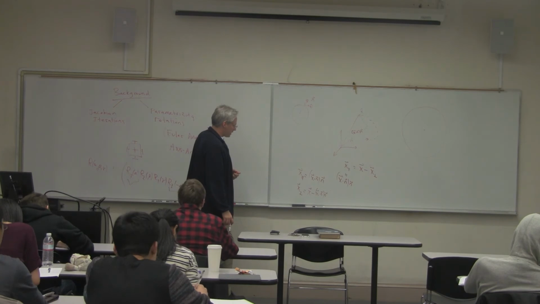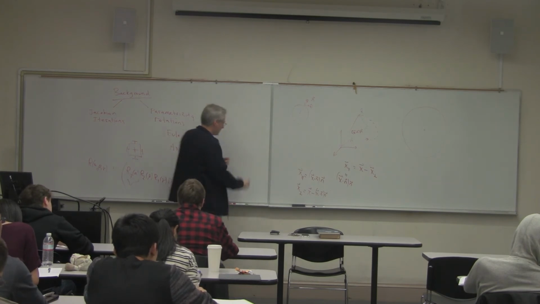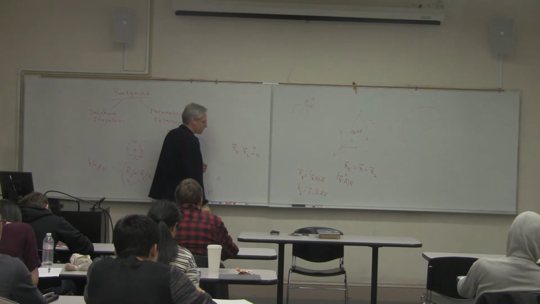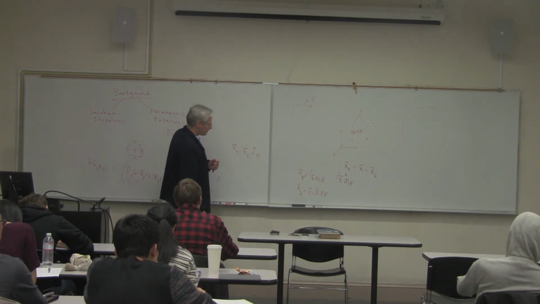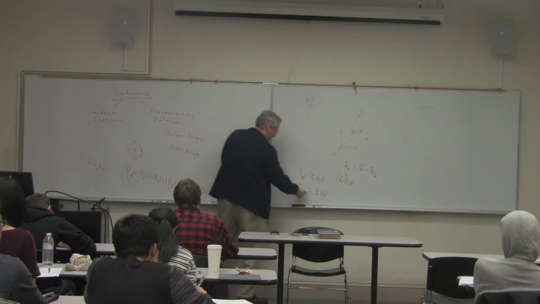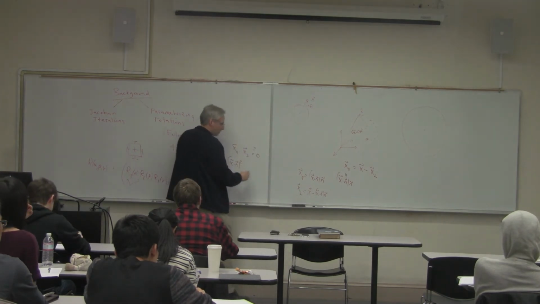And let's see, let's make sure that works. So if it works, it should be that the dot product of x parallel dot x perpendicular should be 0. So let's check that. So if I take the dot product, what I'm going to get is x dot n times n. Dot product this is x dot n squared.